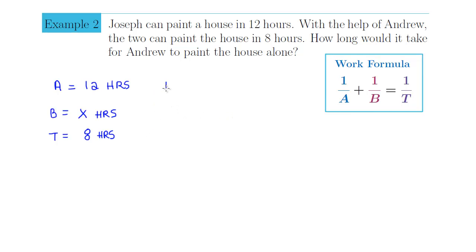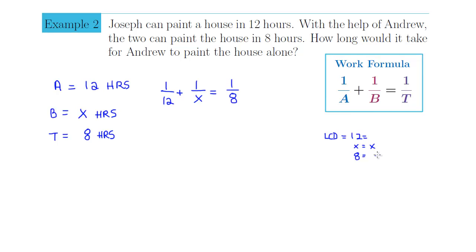So let's rewrite our work formula with these values substituted in. We have 1 over 12 plus 1 over X equals 1 over 8. We have a resulting rational equation that we solve by first identifying the LCD, which I'll do off to the side here. We have 12, X, and 8 to consider.